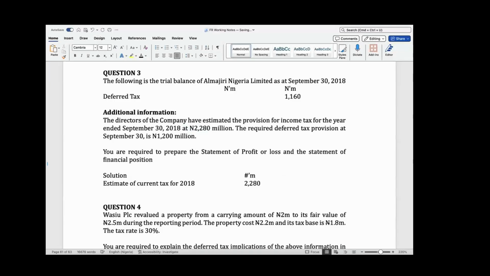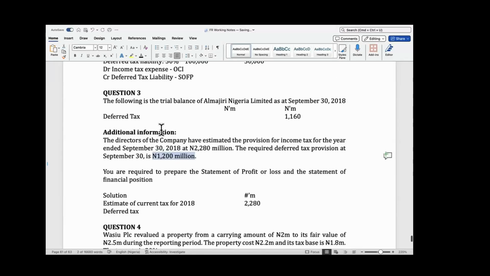And the deferred tax estimate for the year is 1200. However, there was an opening deferred tax.